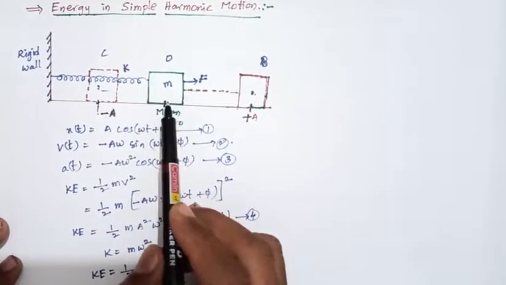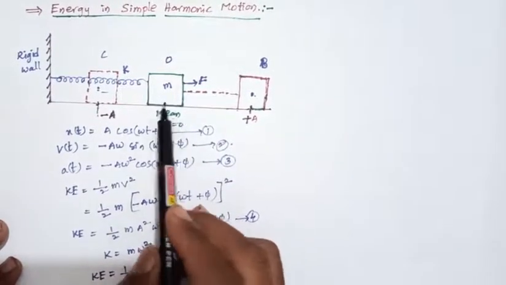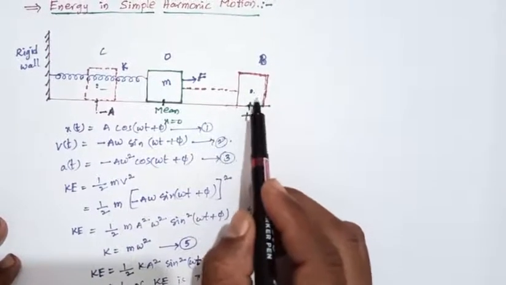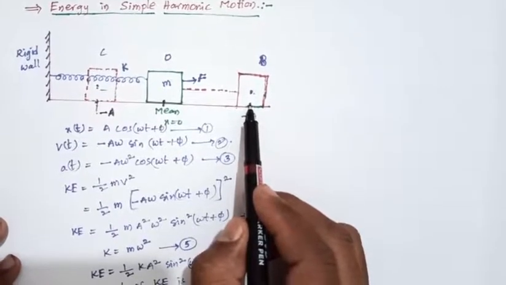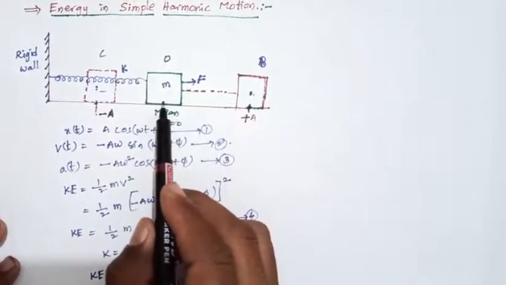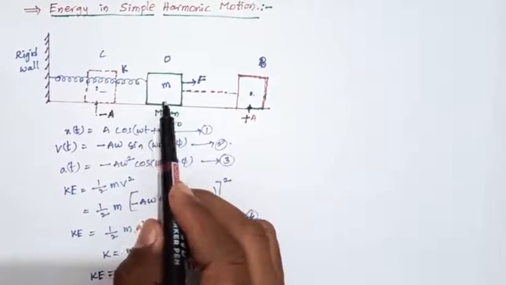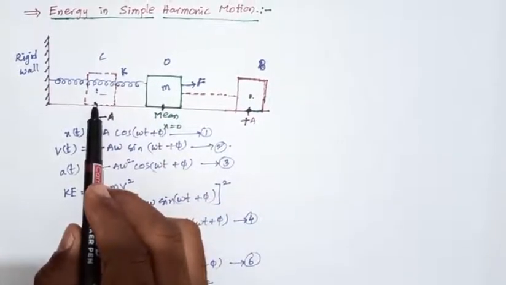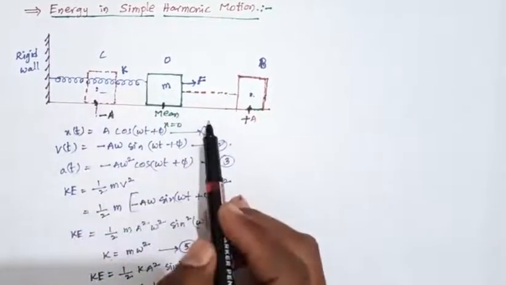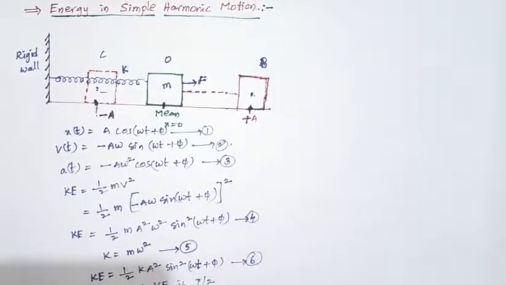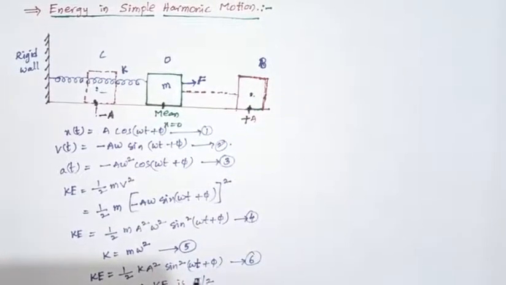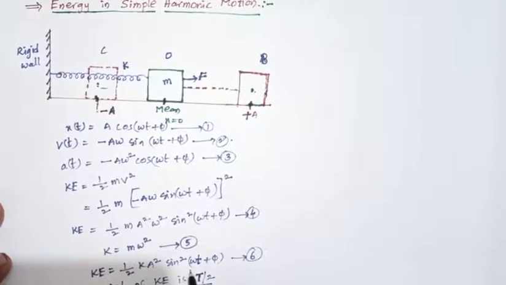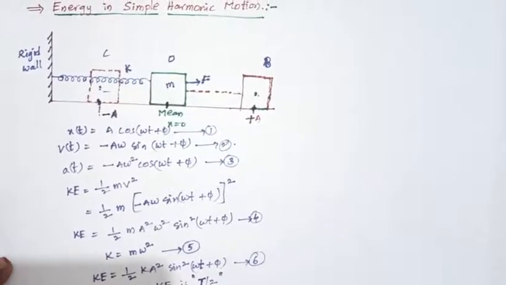The kinetic energy is 0 at extreme positions, maximum from extreme position to mean position, and again comes to extreme positions. So it consists of half the time period, and it repeats again at T by 2. So the time period for the kinetic energy is T by 2.